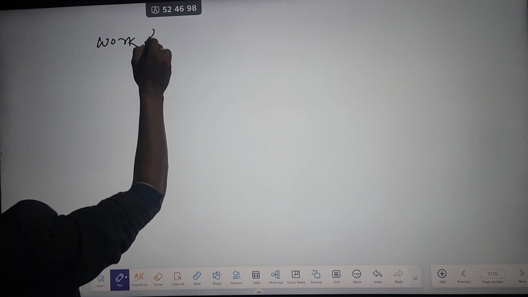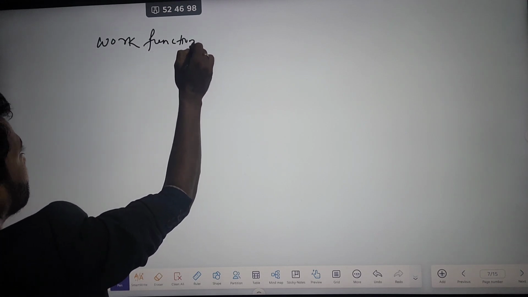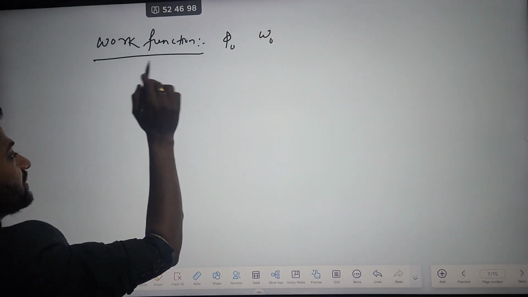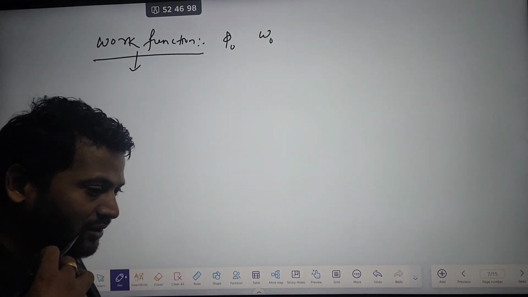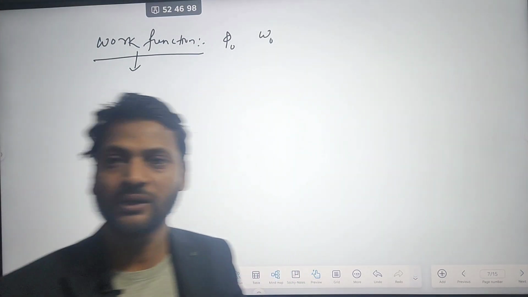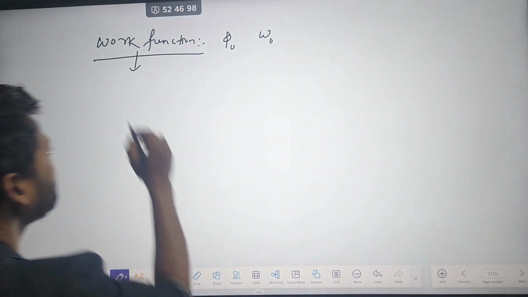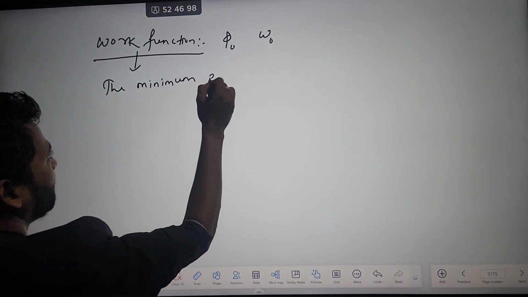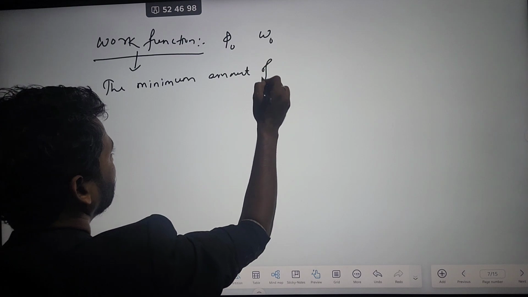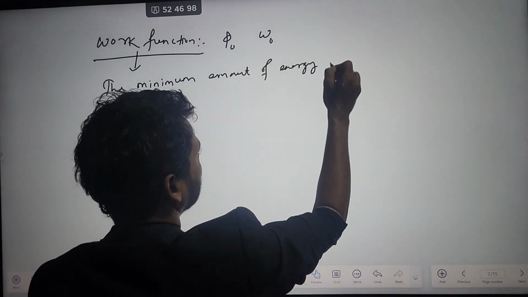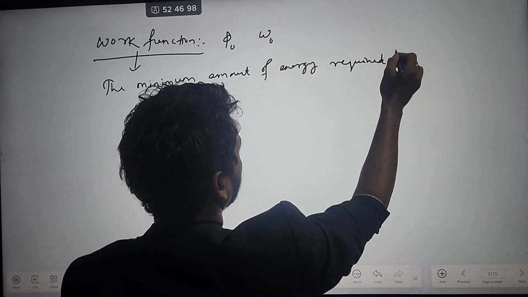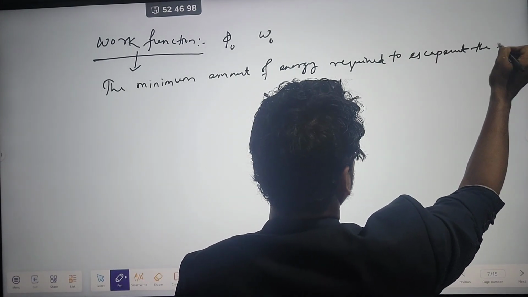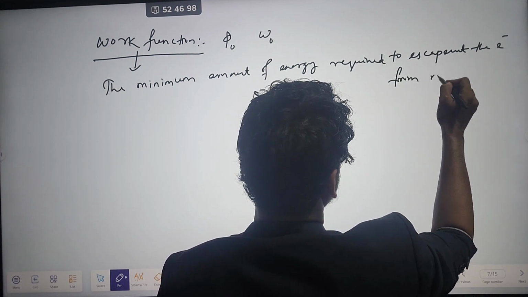The symbol of work function is phi naught, and you can also say W naught. This is work function. What is it? The minimum amount of energy which is required to escape out the electron from the metal surface.